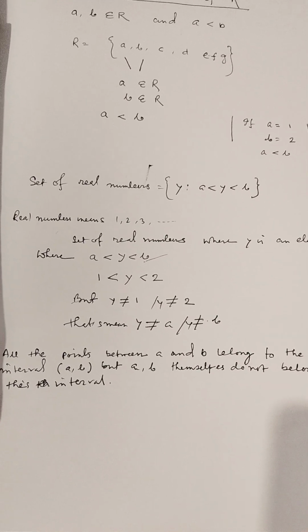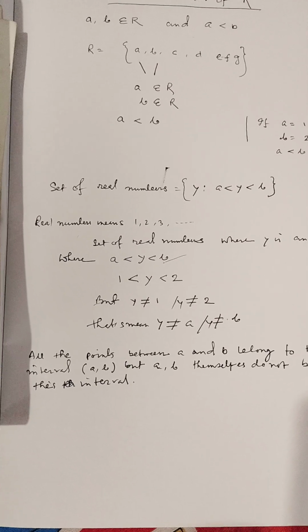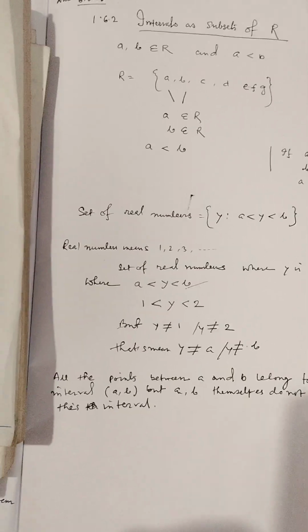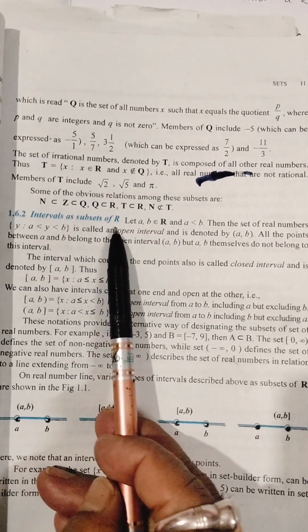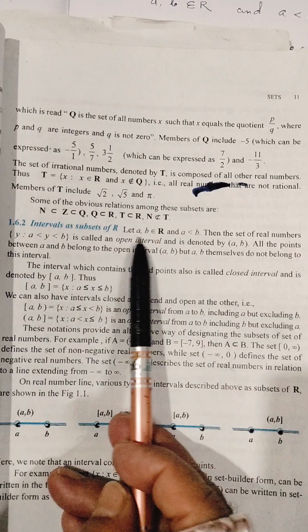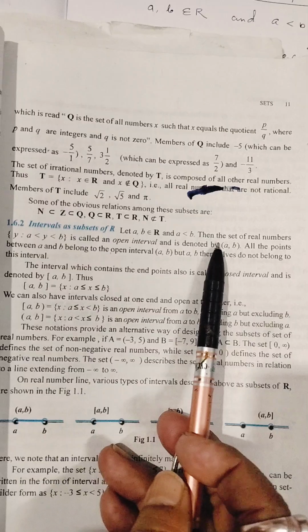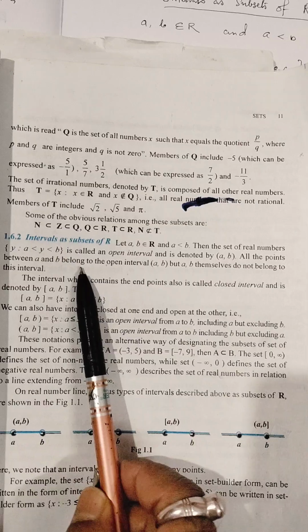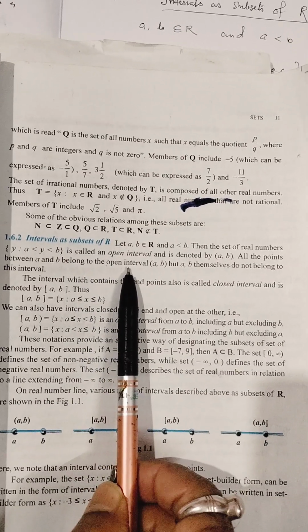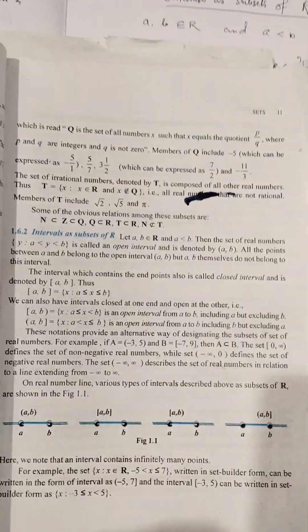I say again, students, please follow the class minutely. The question here is intervals as subsets of R: a, b belong to R, a less than b, then the set of real numbers between a and b belong to the open interval (a, b), but a and b themselves do not belong to this interval.